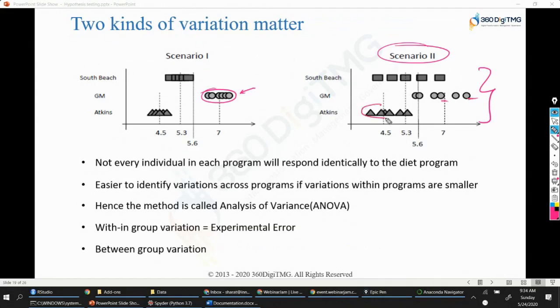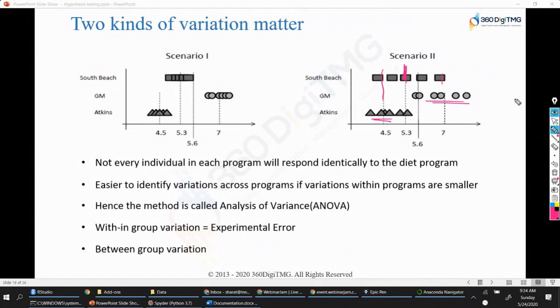Similarly here, the variances in the diet programs are very, very huge. The point that I'm trying to say is, if you look at a person in, let's say, the second diet program, there are few people who are losing weight equivalent to the average of this diet program, and there are people who are losing weight equivalent to the average of that diet program.